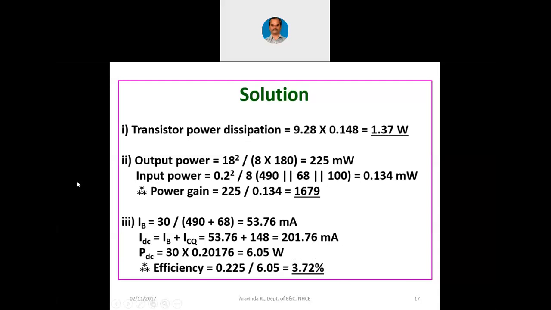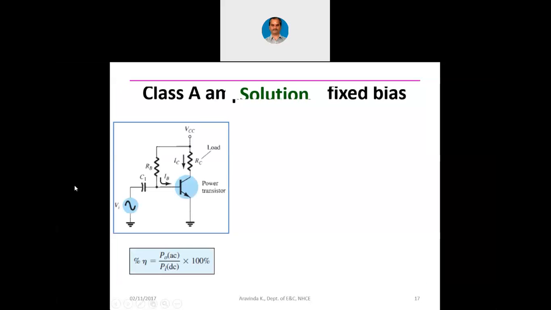Now this is one example which we have seen. I don't think I will be able to complete this slide today. Still I will show you. Class A amplifier with fixed bias. Whatever example we saw earlier was the class A amplifier with the voltage divider bias.